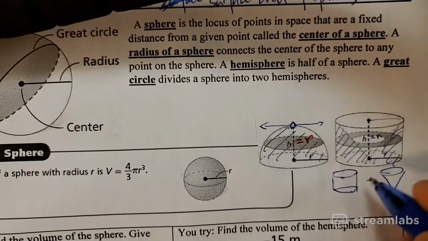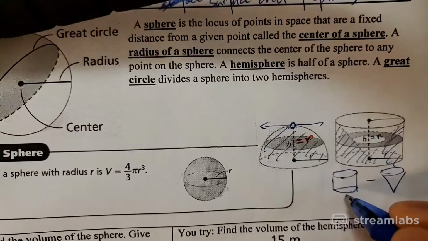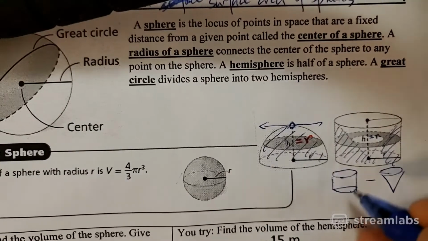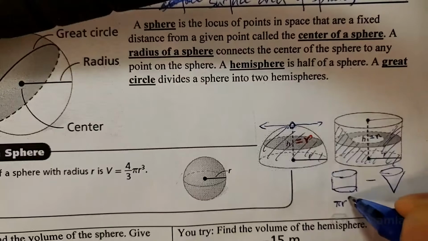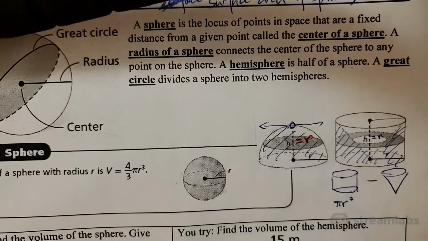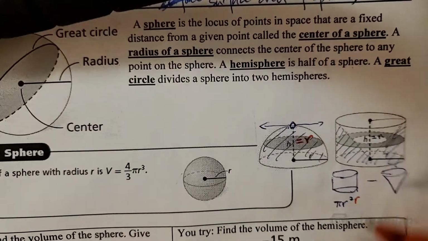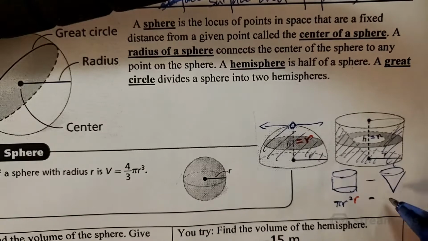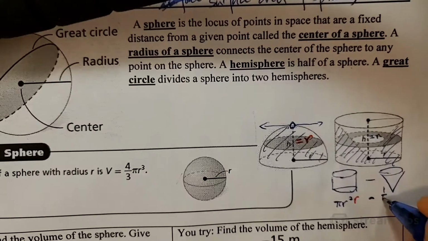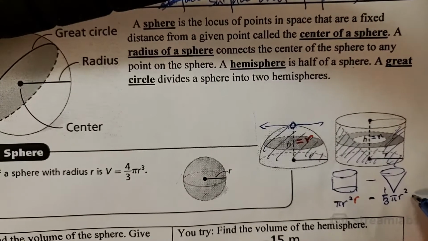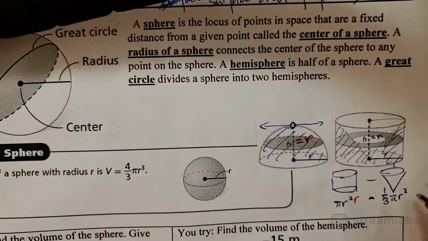And then you calculate the volume of each, right? You subtract, so pi r square h, but the h here is radius, so r, minus 1/3 pi r square h, right? Pi r square h is still r.